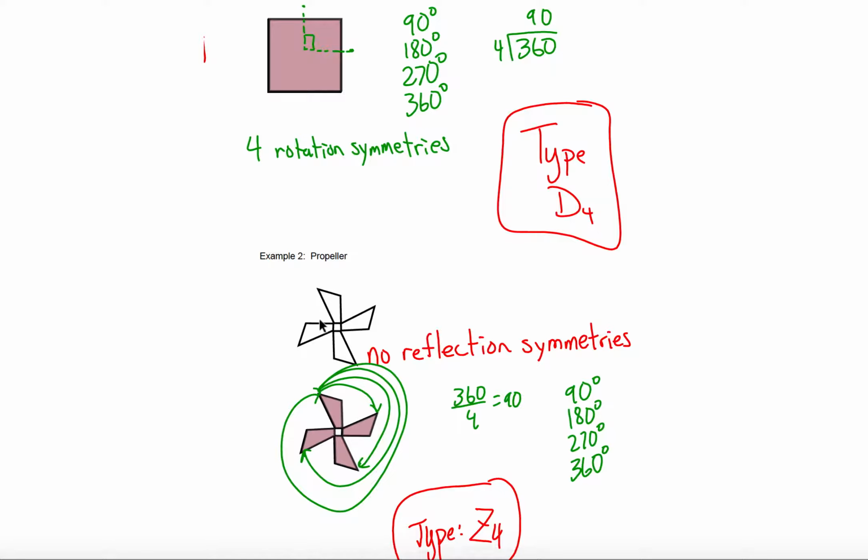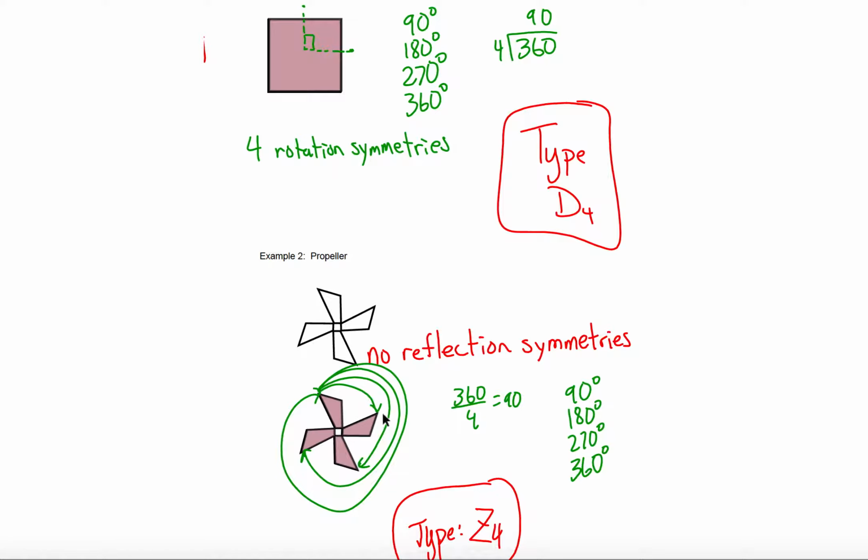This propeller, if I were trying to reflect about it, let's say I try to reflect about this line here, it wouldn't look like itself. It'd be something a little off. If I tried to rotate about here, it wouldn't look like itself, it'd be something off. So there are no reflective symmetries. Rotating wise, if I were to rotate about the center, I would get to here and it would look like itself.